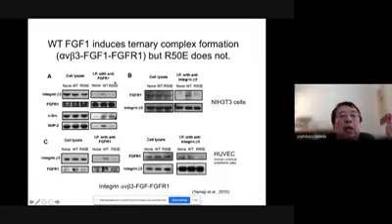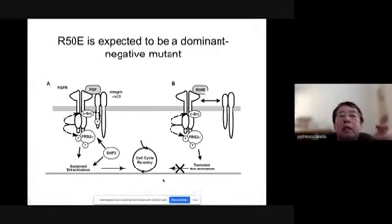But this mutant, as predicted, is very defective in ternary complex formation. We have done the same experiment using different cell types and both ways. So that shows that the integrin and the FGF receptor make a complex biochemically.